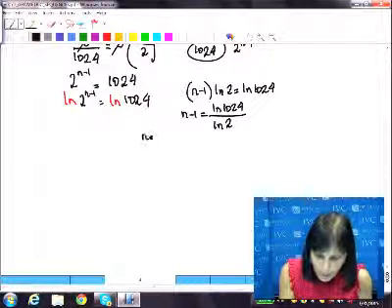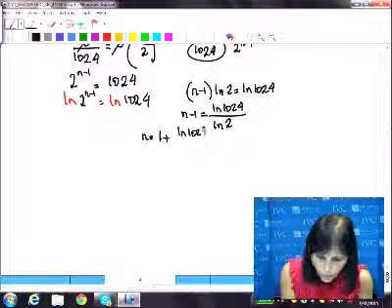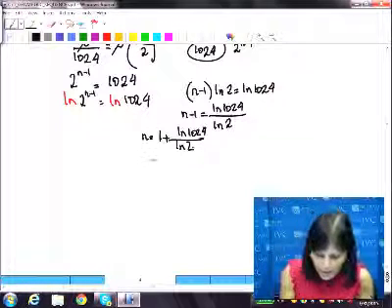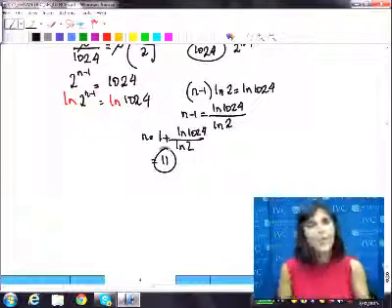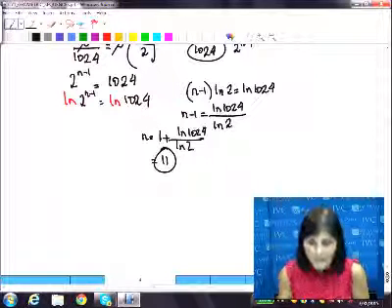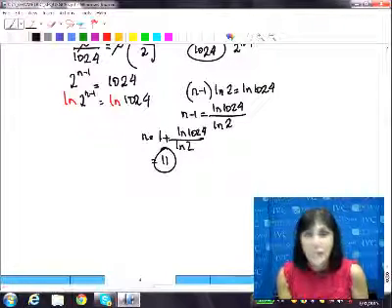That means n is going to be 1 plus ln 1024 over ln 2. Plug it in. You know what you're going to get? You're going to get 11. Another way you could have done it is to just try a couple of different powers of 2 and see when you get 1024. But this is very, very simple.